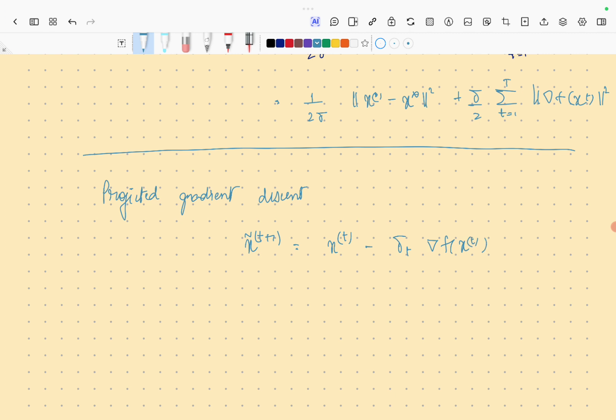This is the gradient descent step, and next you run a projection step. You set xt plus 1 equal to the argmin over x within your constraint set K.